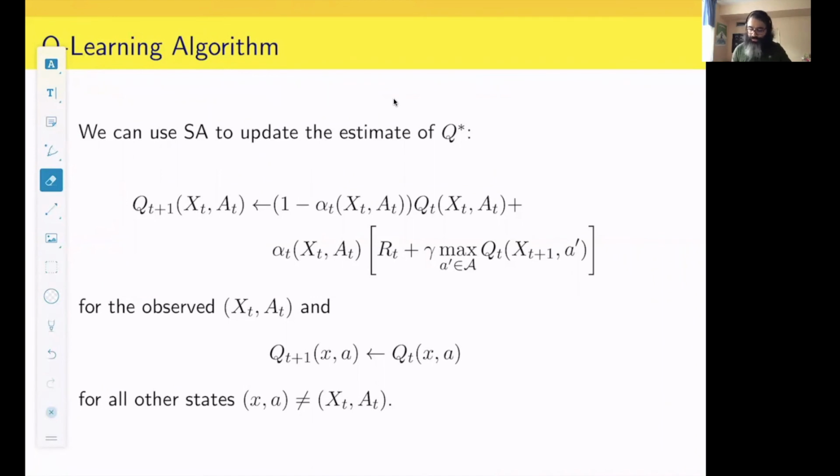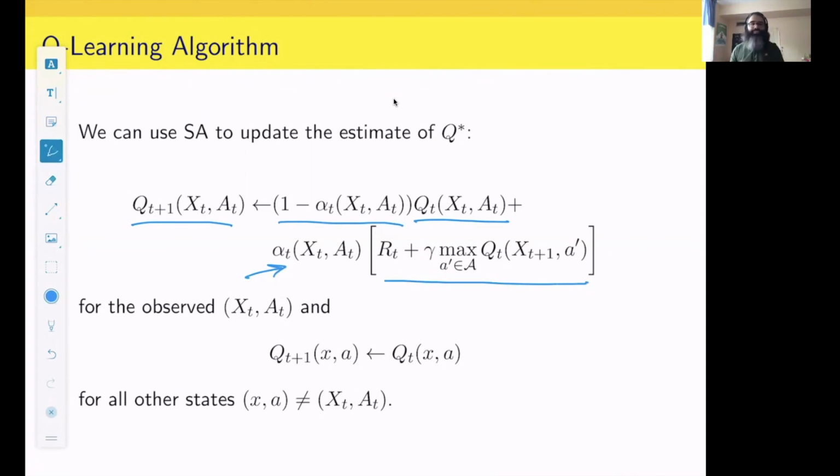The procedure is like this: for the state and action pair that we observe, X t and A t, Q t plus 1 at X t, A t would be 1 minus the learning rate times Q t, plus the learning rate times R t plus gamma max as before. This is for the observed pair, and for the unobserved ones, we just copy the value.